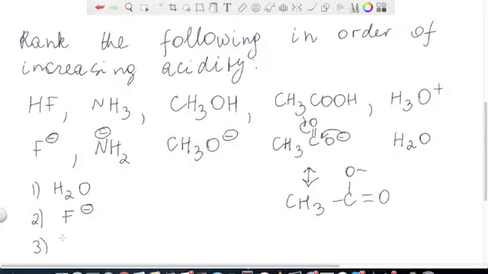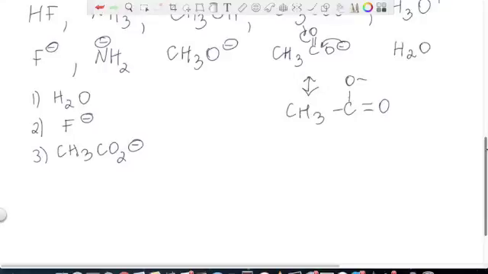So we have acetate. I will just write it as CO2 minus. And then let's move the screen a little bit here. The fourth place goes to methoxy, right? It's off the podium, but still an honorable fourth place.